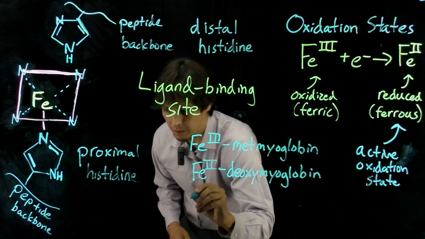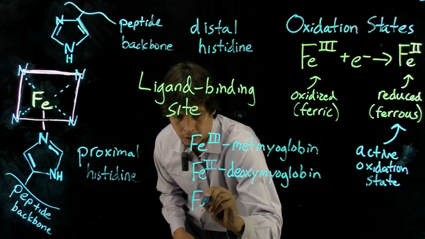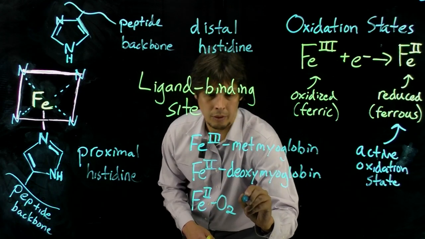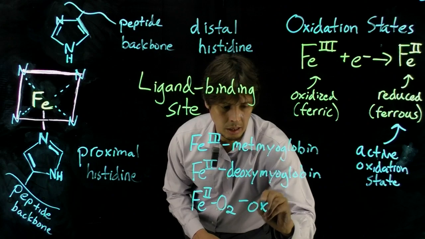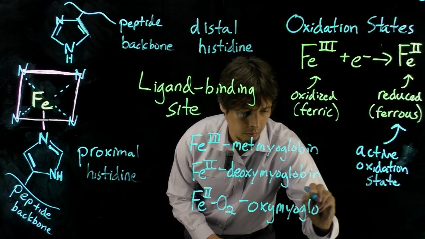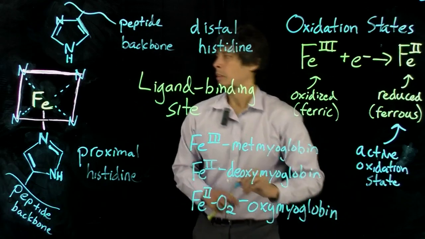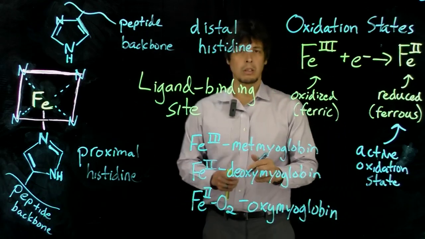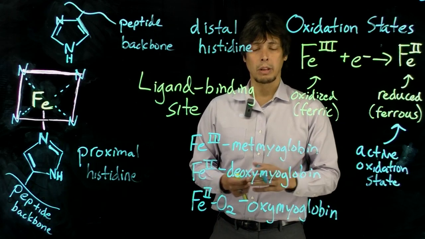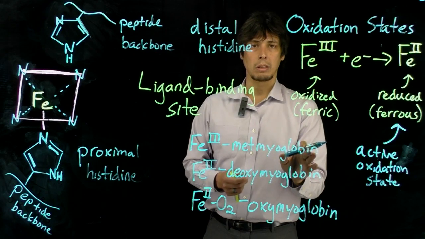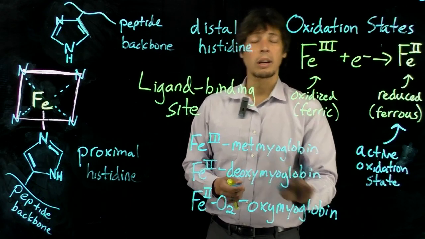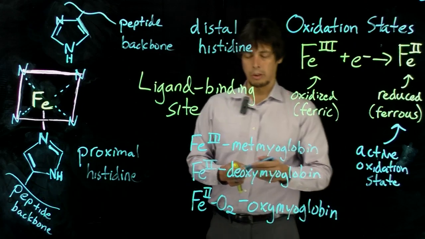And finally, if O2 is bound, we call this oxymyoglobin. Those are typically the different forms of myoglobin, or hemoglobin for that matter. These also follow similar naming schemes for hemoglobin, where instead of metmyoglobin, you'd have methemoglobin or deoxyhemoglobin, and so on and so forth.